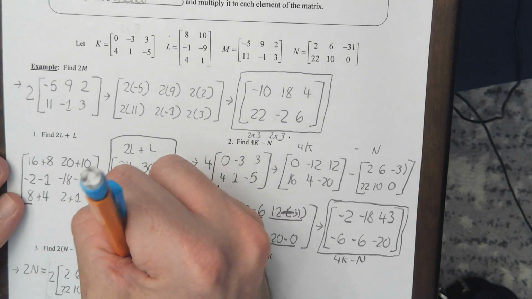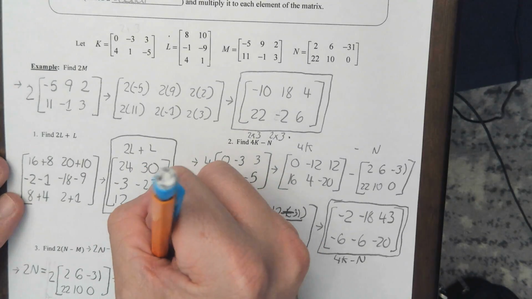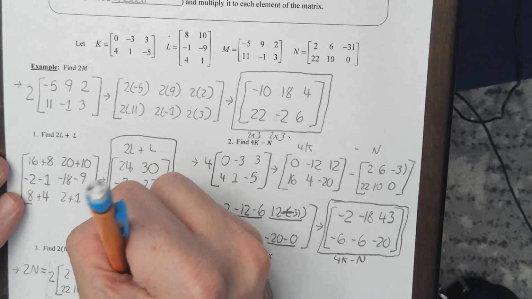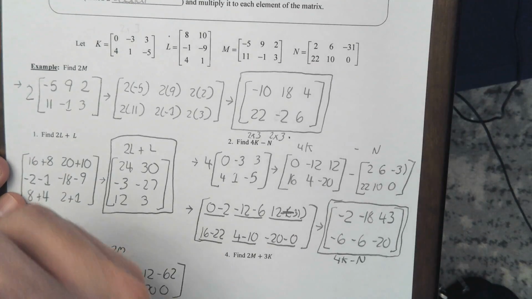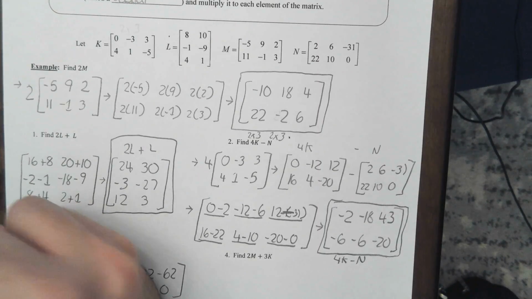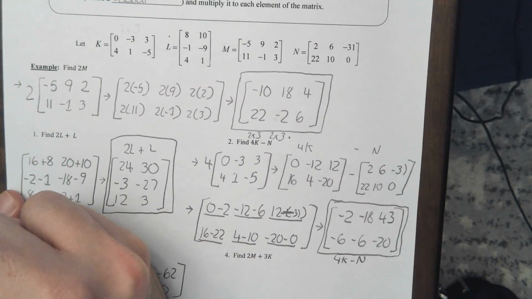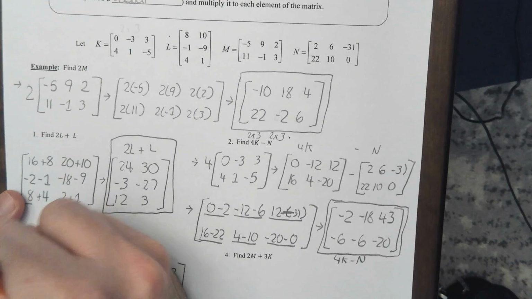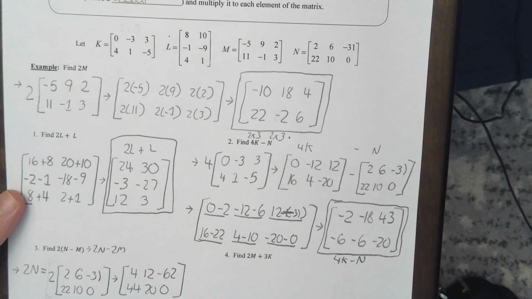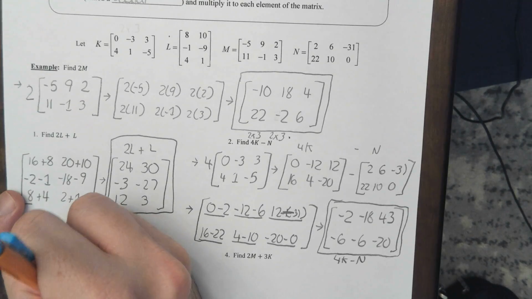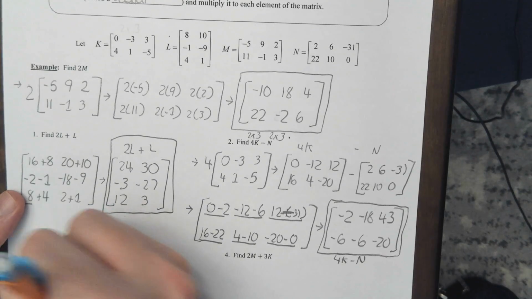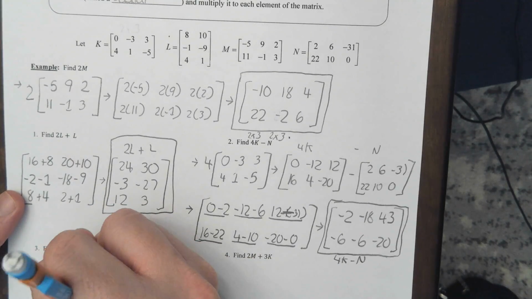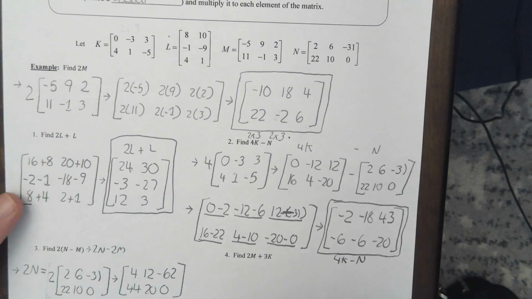It's going to be 4, 12, negative 62, 44, 20, 0. 2m equals 2 times the m matrix, so that's negative 5, 9, 2, 11, negative 1, 3.